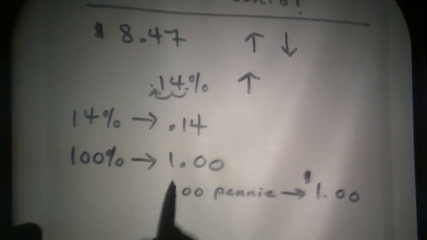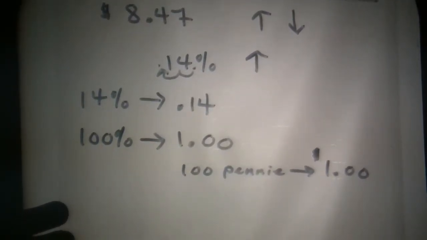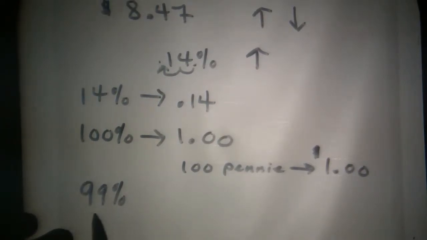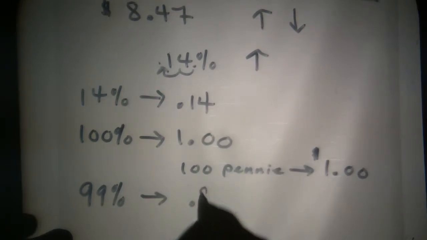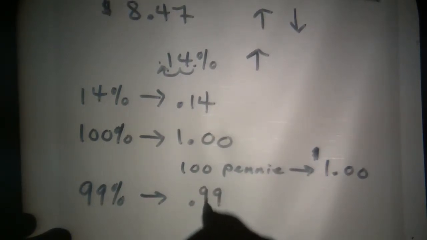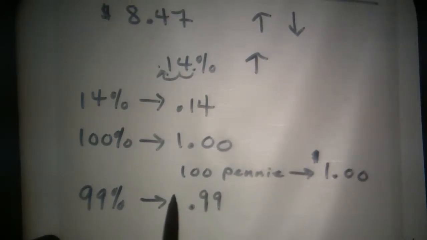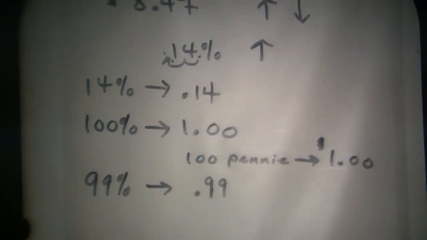So any percent below 100 is always going to be like you would do change. If I have 99%, think of it as 99 cents. It's under 100, so the decimal place will be right in front of the numbers. The only time you will have a number in front of the decimal is if you have 100% or more.